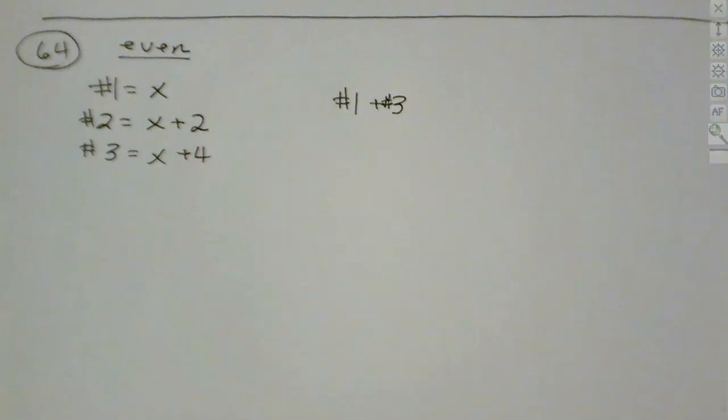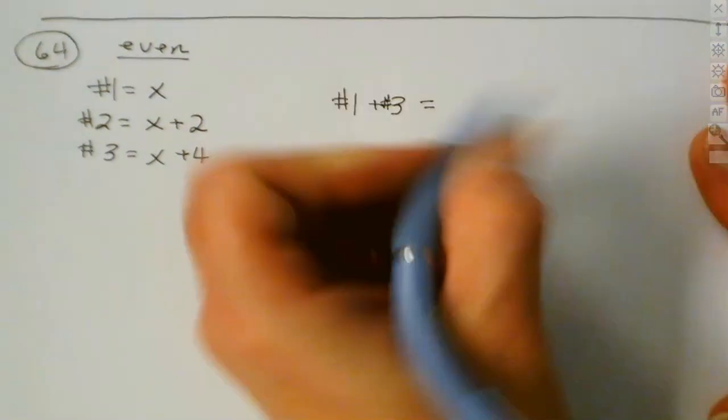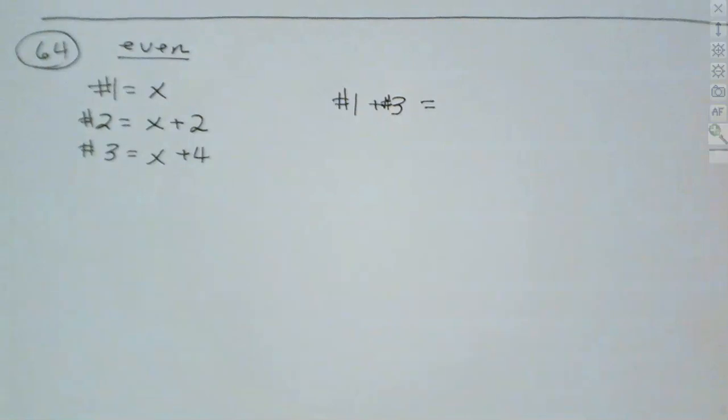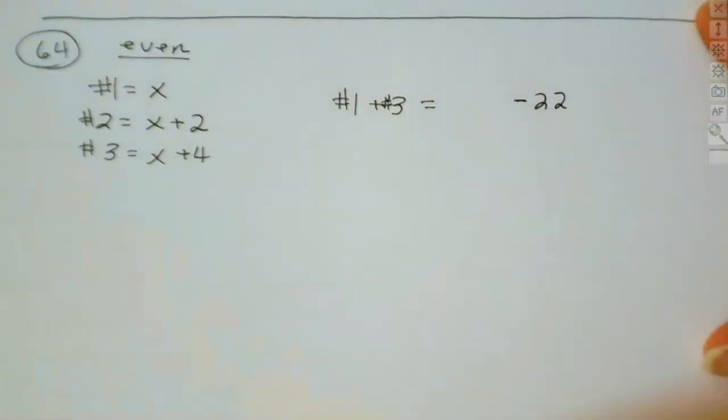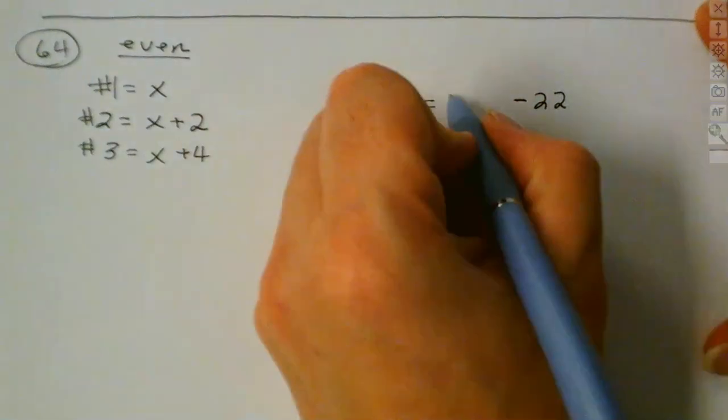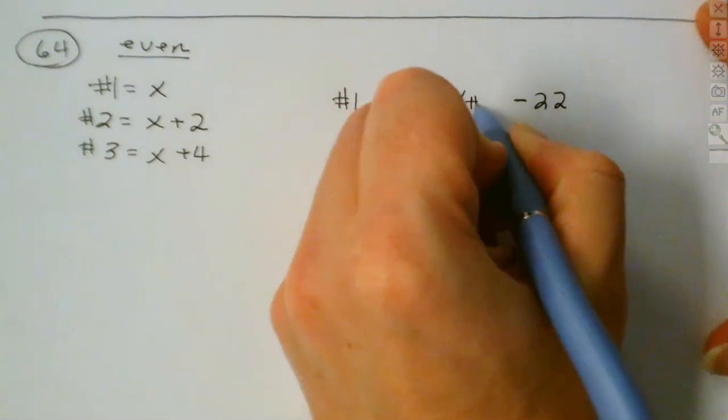The result is, that means equals, 22 less than 3 times the second integer. So 22 less. That means my 22 is going on the end, and it's being subtracted off. And what am I taking that 22 away from? 3 times the second integer. So that would be 3 times the number 2.